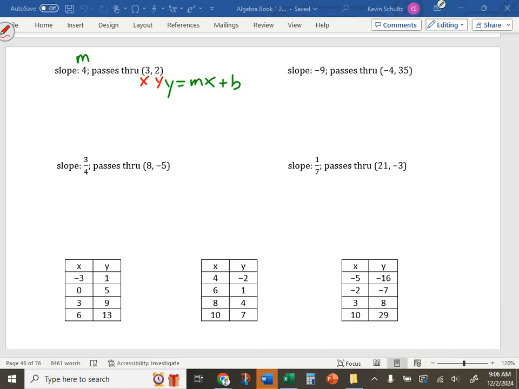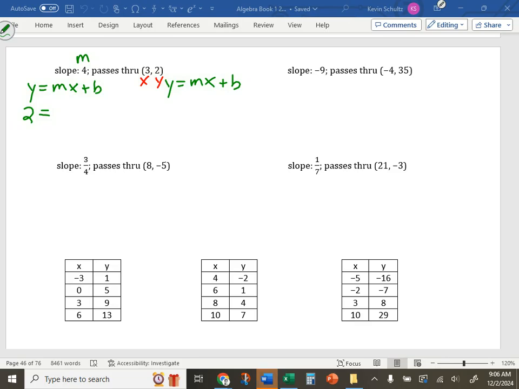Because remember, if this line passes through 3, 2, 3, 2 is on the line, it means that we can use those values for x and y in the equation. So, we are going to rewrite slope-intercept form with what we know. This 2 goes in for y.